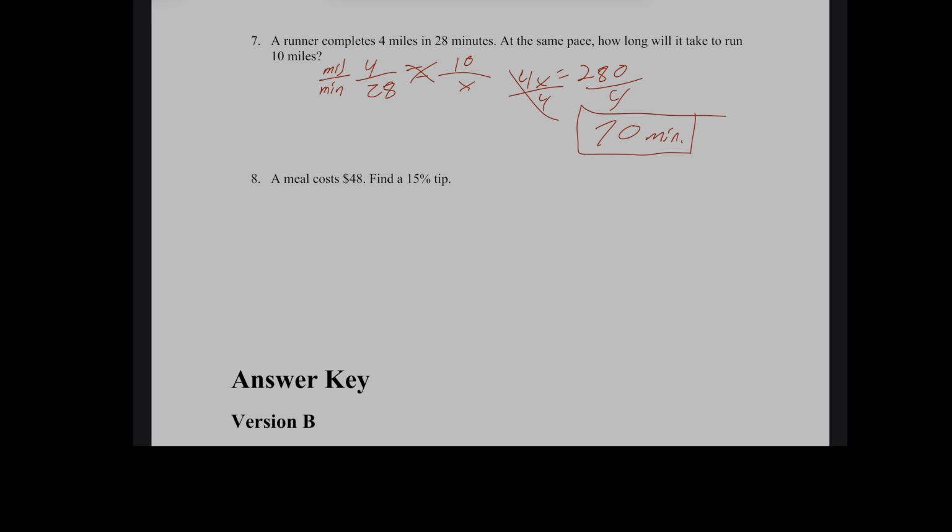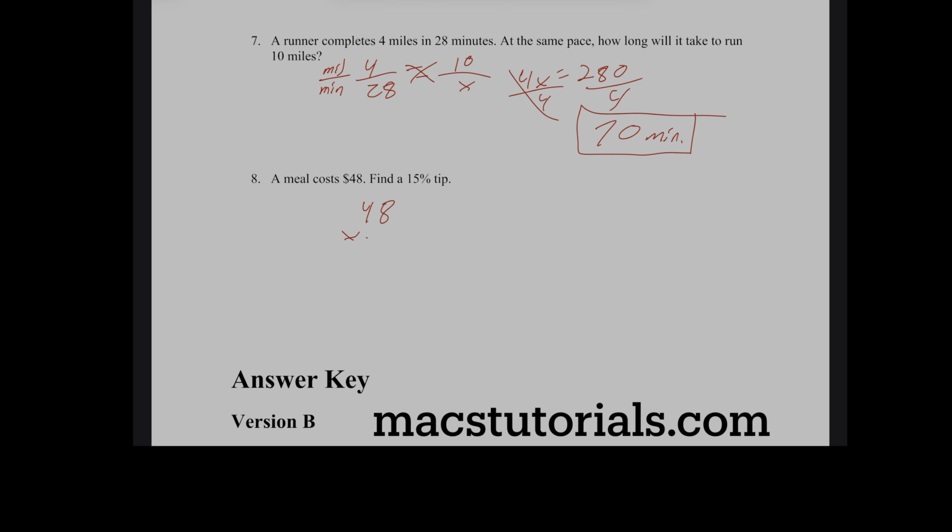Okay, number 8, a meal costs $48, find 15% tip. Whenever you're trying to find a percentage of something, remember, you're using that word of. Of means times. It means multiply. So if you want to find 15% of 48, you write 48 and 15% of, you write it as 0.15. Remember, when we do math, we don't say percent.